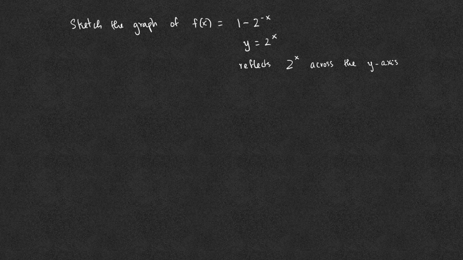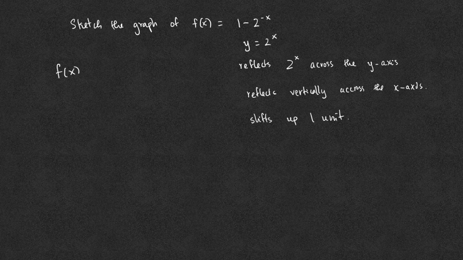And then the negative in the front reflects the result vertically, or across the x-axis. And lastly, it shifts the result up 1 unit. And so there are three transformations here.